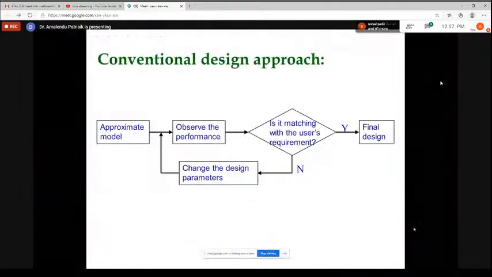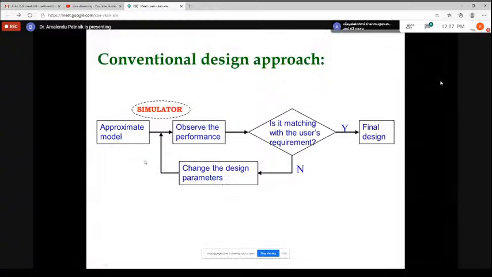If you observe this conventional design approach, at this particular point we are using a simulator. That means after developing the approximate model, or after changing the approximate model a number of times, in order to observe its performance we need an RF simulator, right?